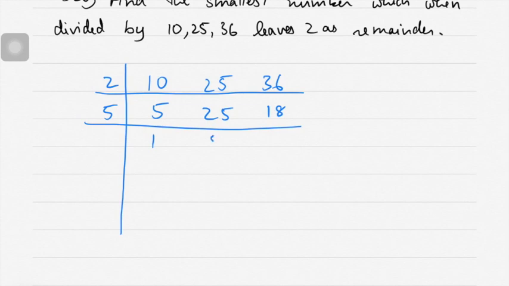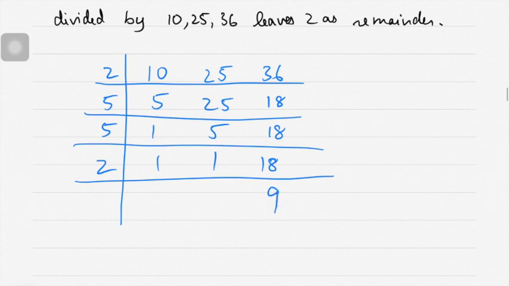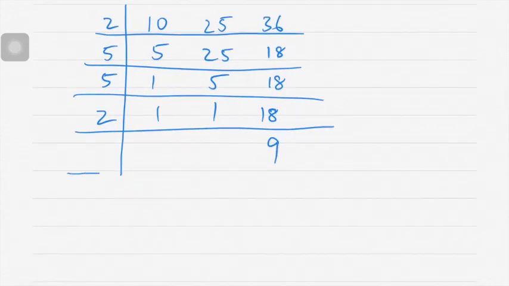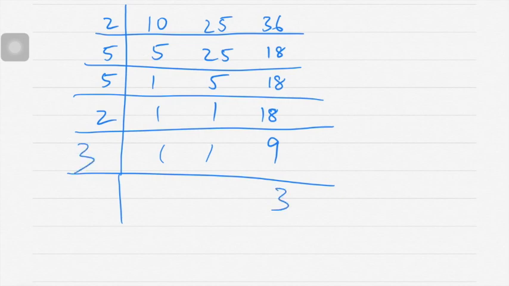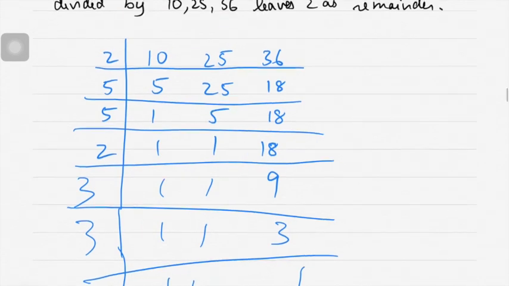18. Okay. Now 5 ones are 5, 5 5s are 25, 18 I will write as it is. Again 5 ones are 5, 18 I will write as it is. 2 9s are 18, correct? Then 3 3s are 9, 3 1s are 3.